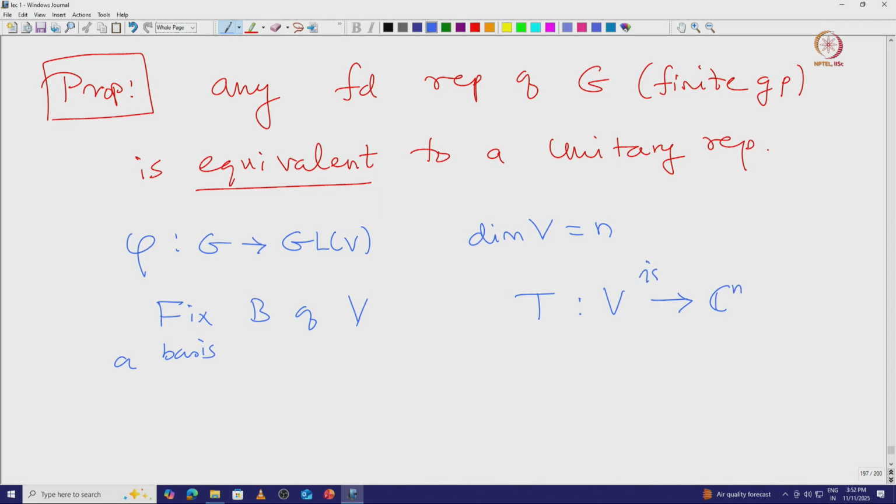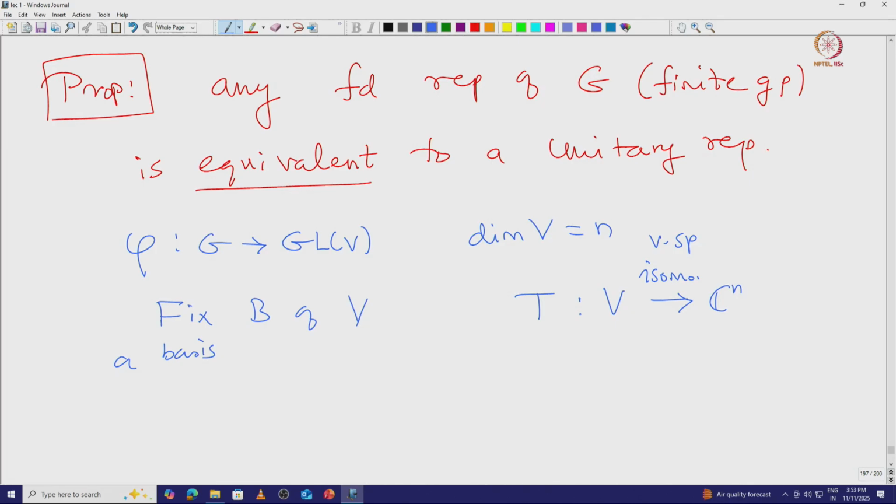So, this is just a vector space isomorphism. So, now given this data we are going to use this isomorphism to define the action of G on Cn by pulling back the action of G on V.